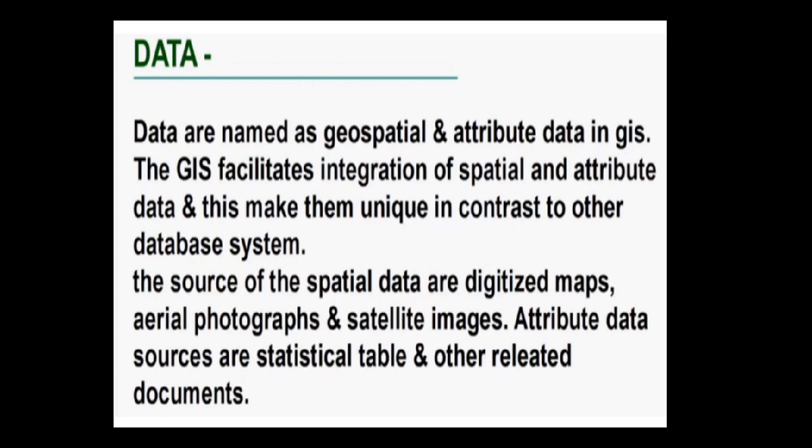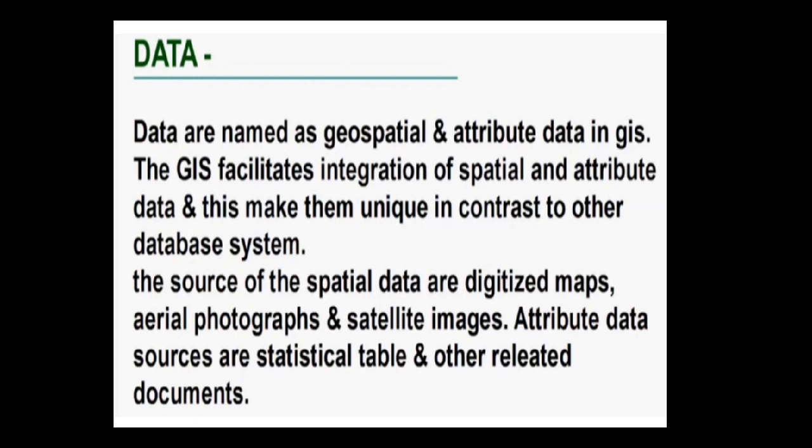Now for you all to understand what spatial data and non-spatial or attribute data is, if I consider an area, if there is a building there, then the building area is known as the spatial data. If I take an aerial photograph, then what is visible of the building is called the spatial data.